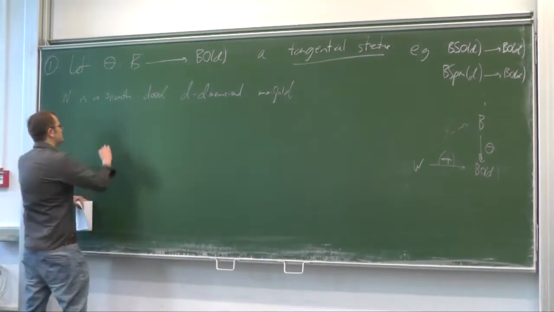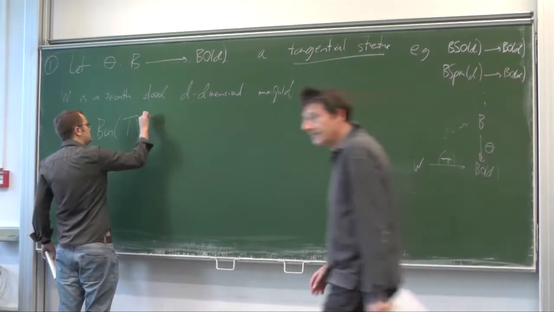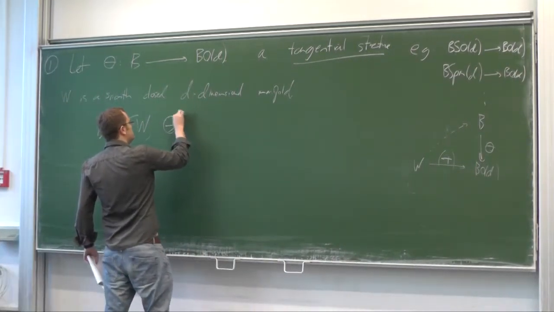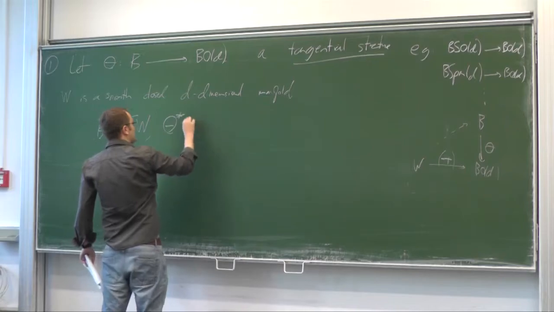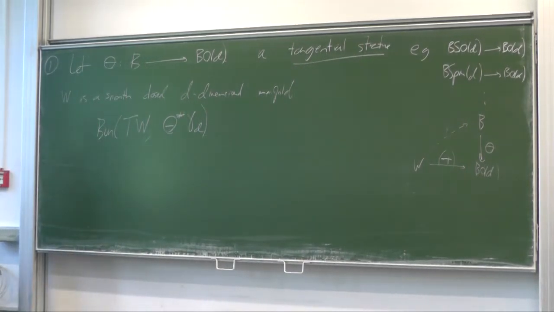And the following works. You want to bundle map TW to the vector bundle that this map classifies. So this is the space of bundle maps. Okay?